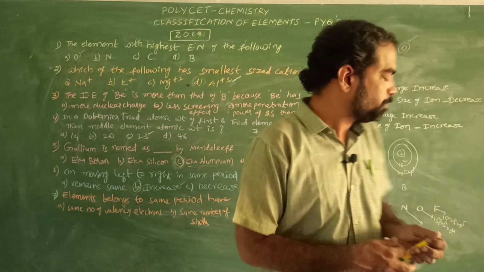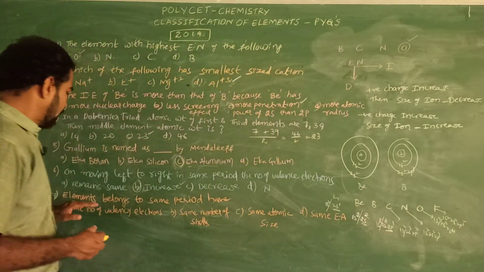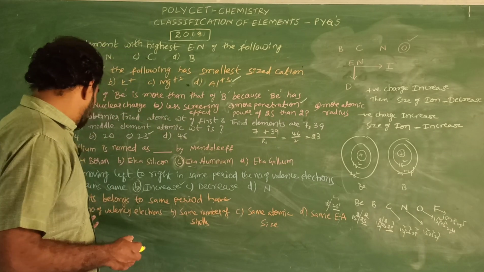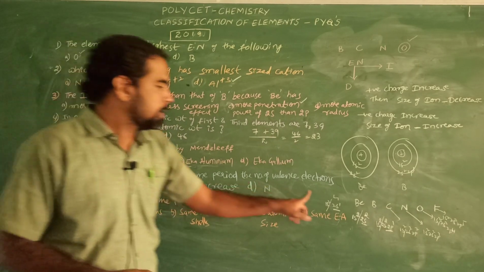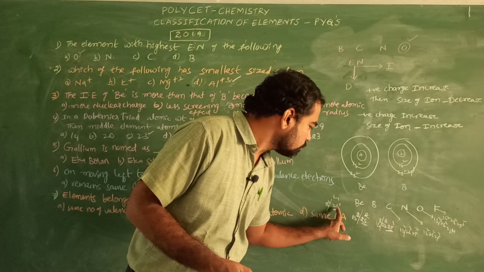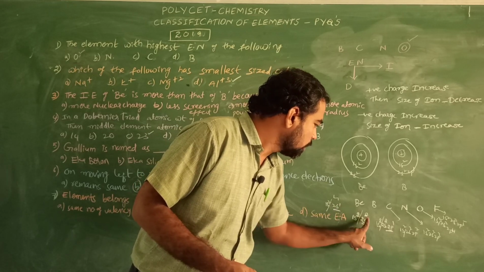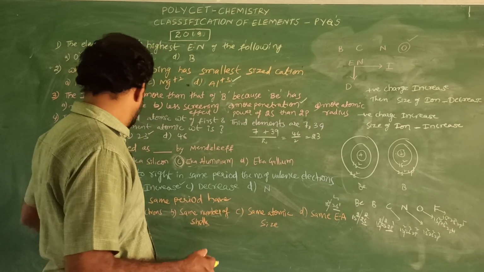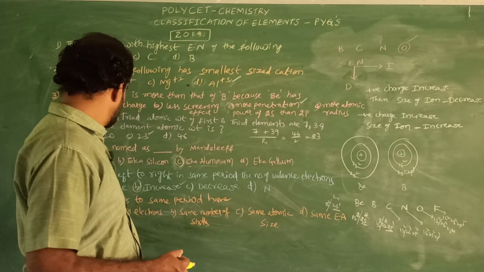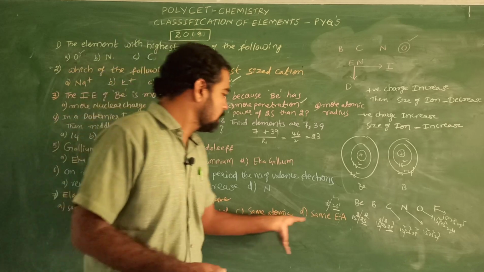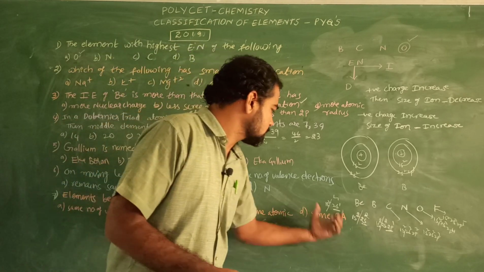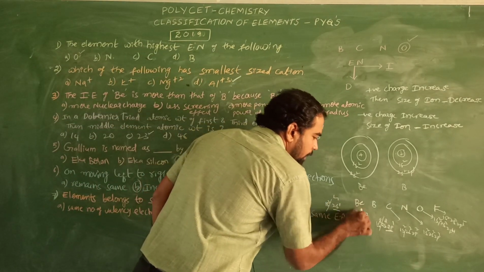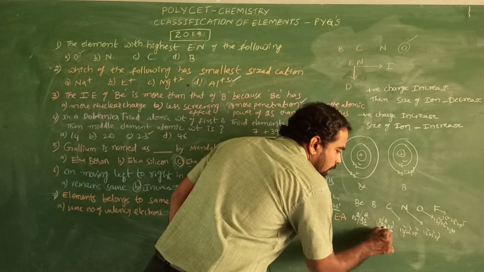These elements are in the same period, but the valence electrons differ: 1, 2, and so on. See, lithium is in the second shell, beryllium also second shell, boron, carbon, nitrogen, oxygen, fluorine, all second shell.